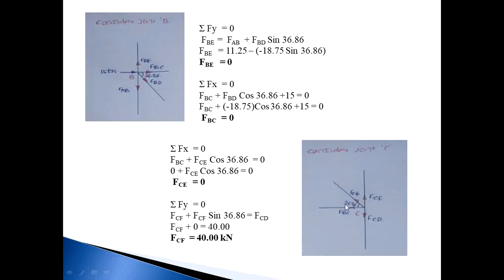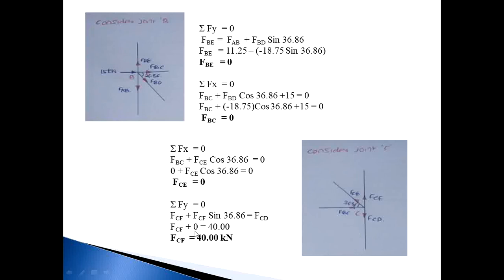Then summation Fy is equal to 0. The algebraic sum of all vertical forces should be equal to 0. Total forces are FCD, FCF and FCE sin 36.86. So FCE and FCF going in upward direction and FCD going in a downward direction.